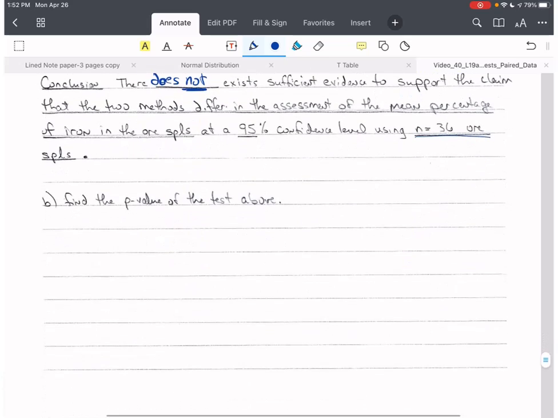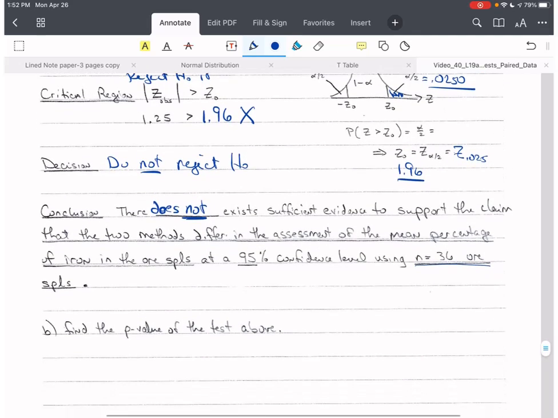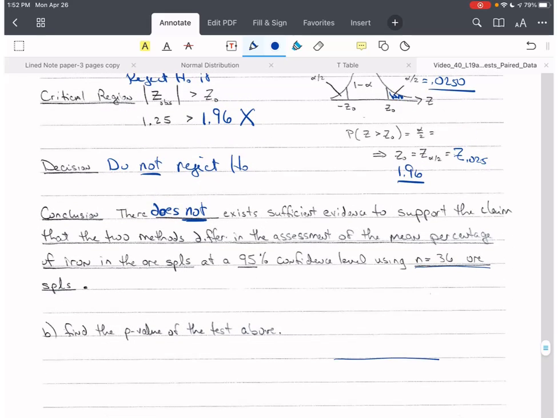Okay. Find the p-value. So now it's a two-sided test. It's z, so we have z is 1.25. We want to find the probability away from 0. It's a two-sided test, so whatever that is, we'll have to multiply by 2.